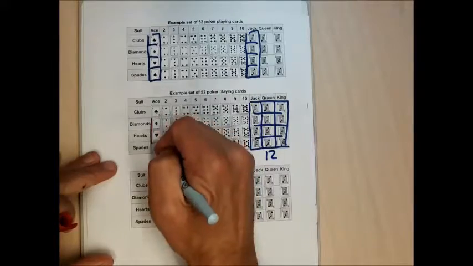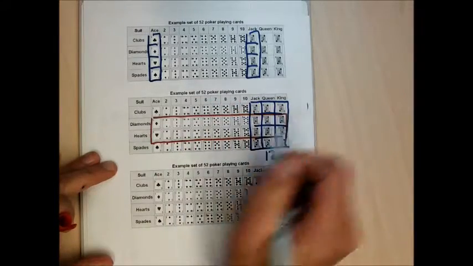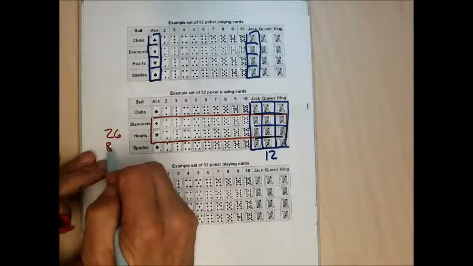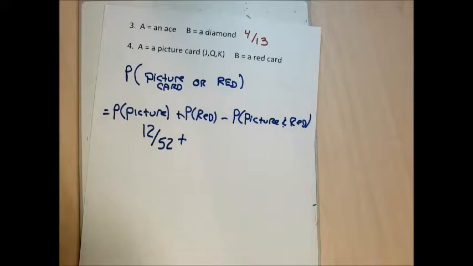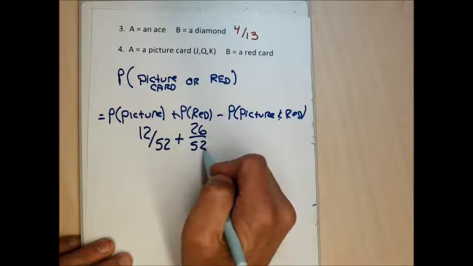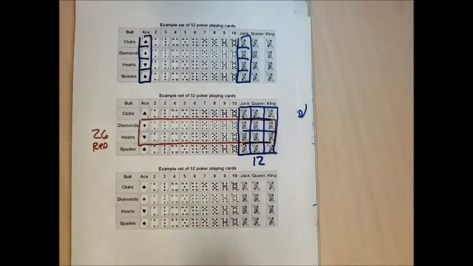The next fraction is going to be something over 52, and it's going to count the red cards. For my red cards, there are 13 hearts and 13 diamonds. There's 26 red cards. So there's 12 picture cards and 26 red cards. The numerators of my first two fractions are going to be 12 and 26. I have to subtract out any card that I counted twice, and it's easy when I'm looking at the sample space to see what I counted twice.